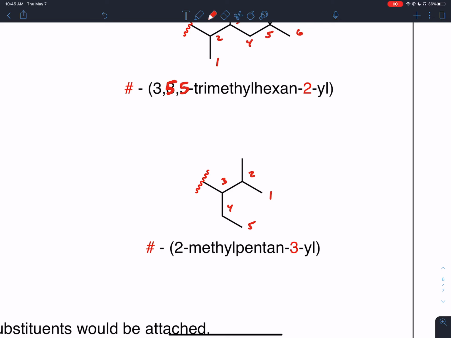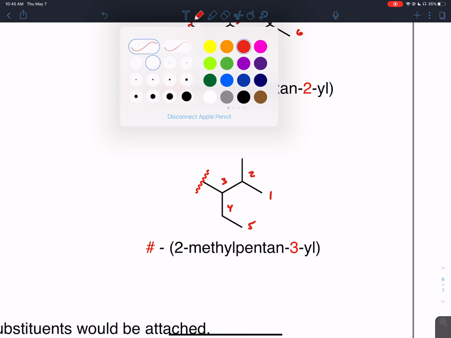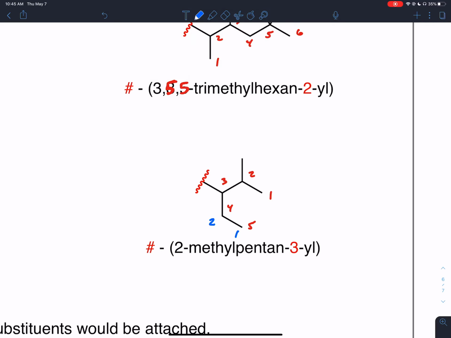But the correct numbering is the numbering provided ahead of time, because it also then gives our substituent off of our complex substituent the lower locant, which is the 2, as opposed to numbering in this direction. In blue will be the incorrect numbering. That would give the methyl the 4 locant, but we want the lower locant preferentially if possible.